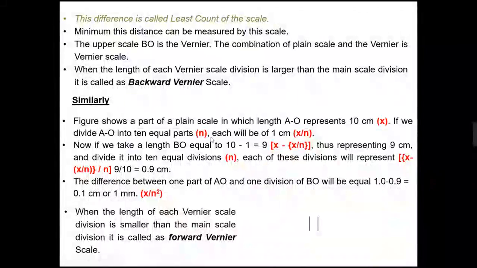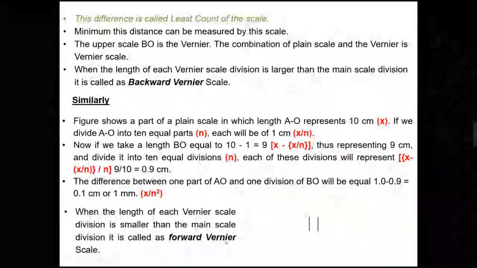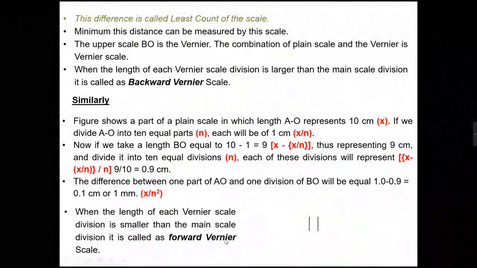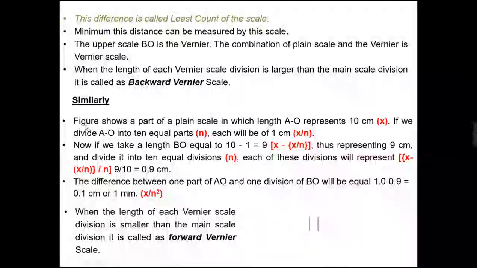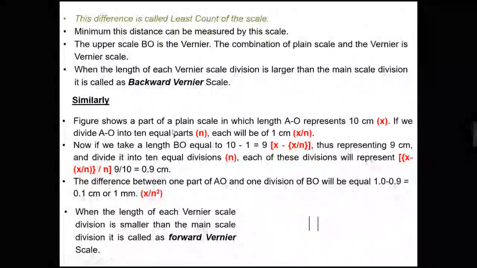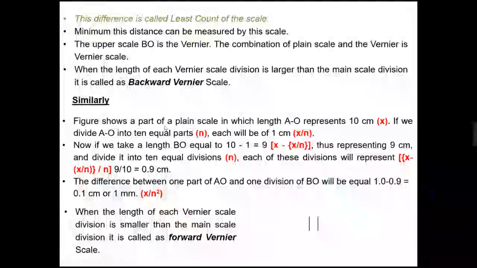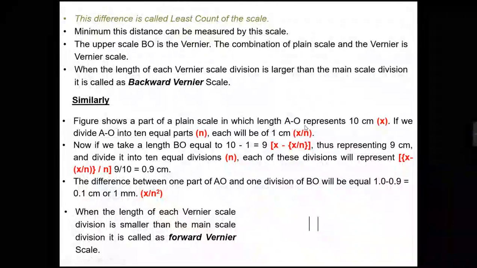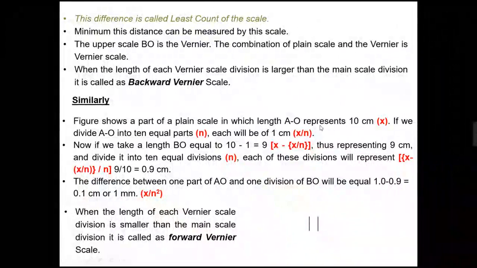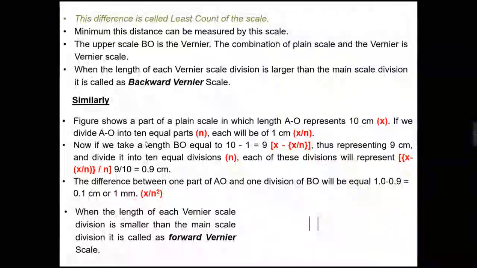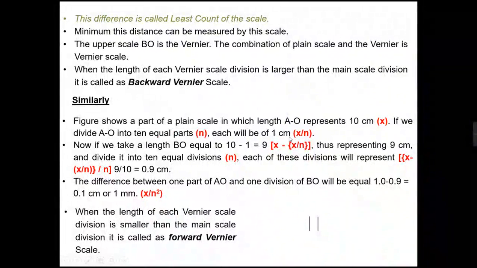And similarly, we are going to learn how to construct the forward vernier scale. So the first part is the same as the backward vernier scale, that is a part of a plain scale in which length AO represents 10 centimeters, and we are dividing it into 10 equal parts, and each part will represent 1 centimeter.